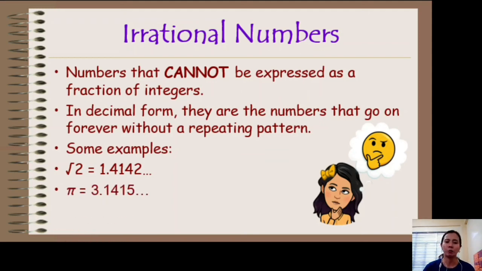Next, we have pi, which is 3.14159, and so on and so forth. That is irrational. Next, we have 45.9492. We use these three dots to represent that it is an irrational number that cannot be expressed as a fraction of integers. So in decimal, they are the numbers that go on forever.